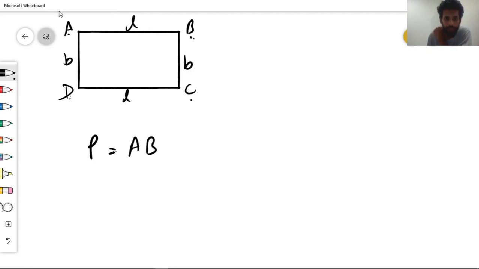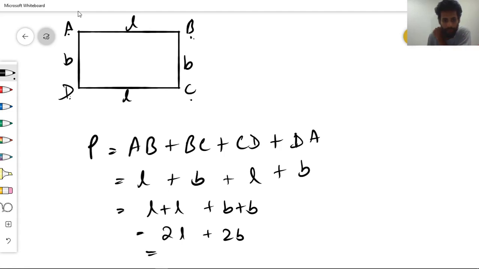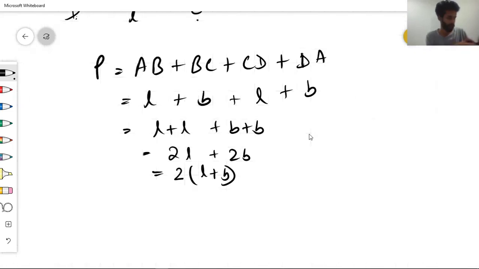if I measure it, AB plus BC plus CD plus DA. So if I put the values, AB value will be L, BC value will be B, CD value will be L, and DA value will be B. So now if I bring the L together and the B together, it will be twice L plus twice B. Now if I take the 2 common, it will be 2 times L plus B. So this is the formula of the perimeter of a rectangle.